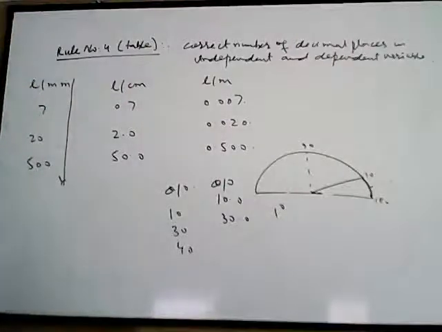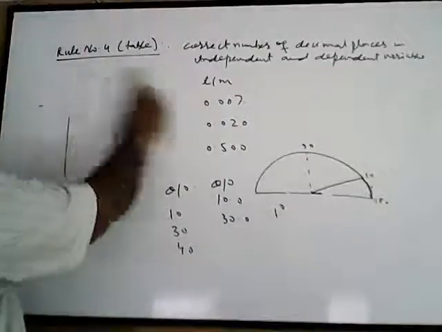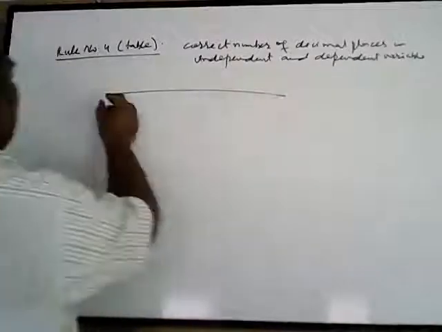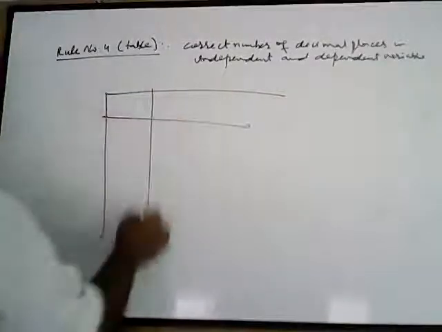The rule tells us that the independent variable must be consistent with units and decimal places, and the dependent variable must also be consistent. Now see what the difference here is. This is just a supposition, I am just giving an example.